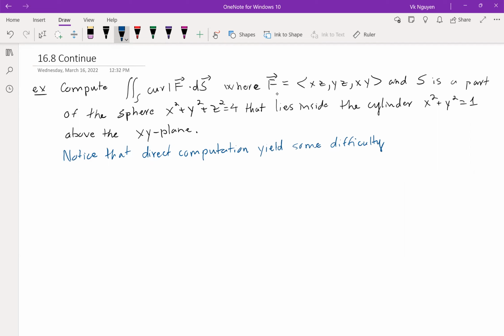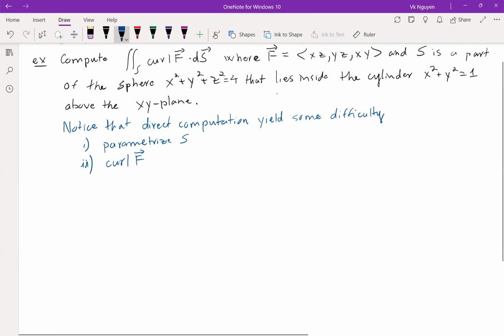First, you parameterize S. And then the second one, you do the curl F. Well, curl F is not too bad, but then you do the dot product. Oh, it's gone crazy.